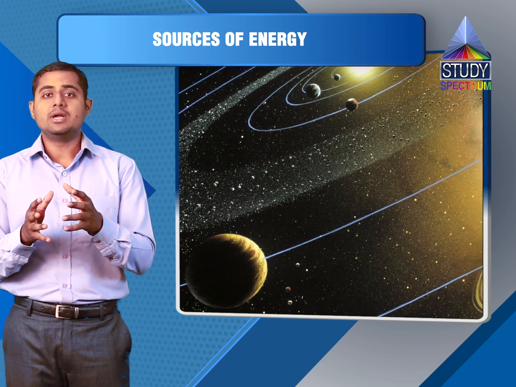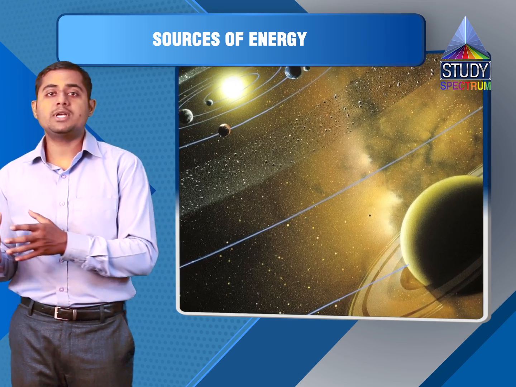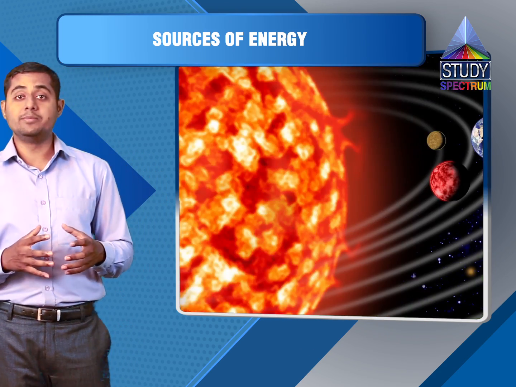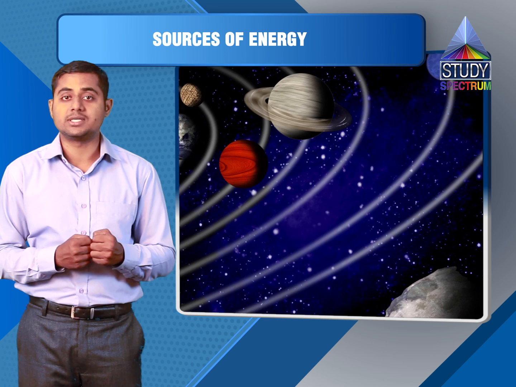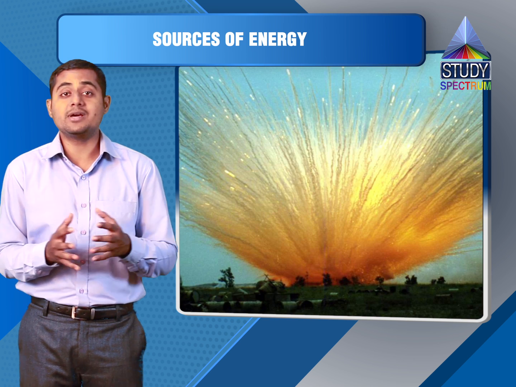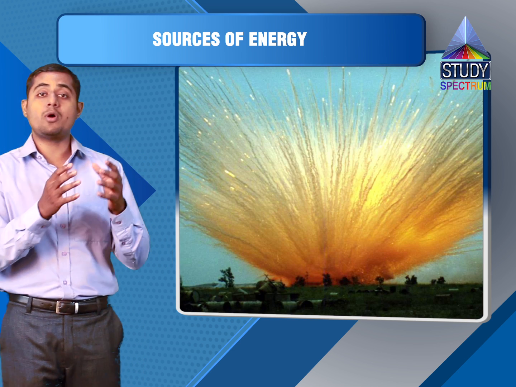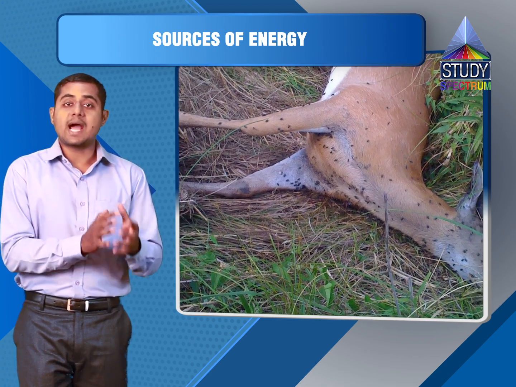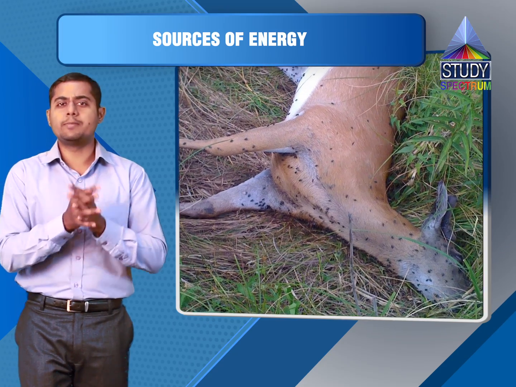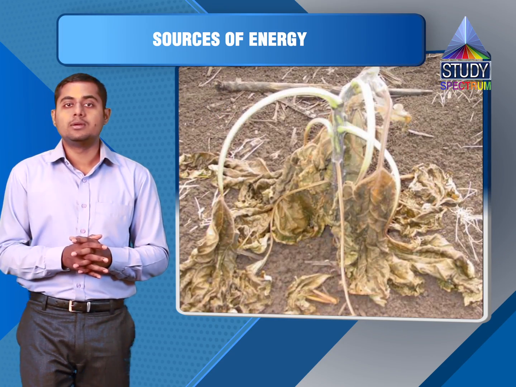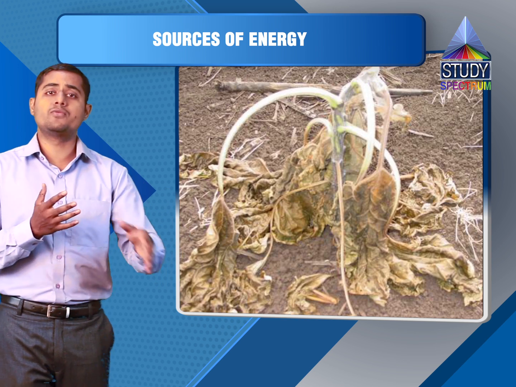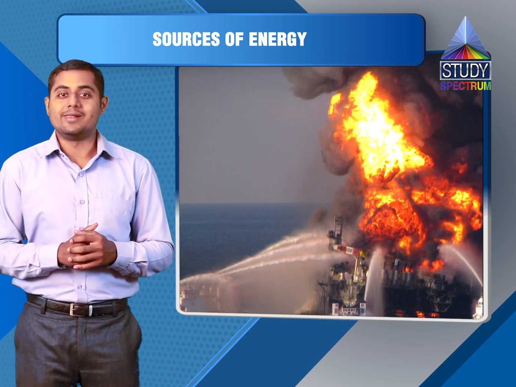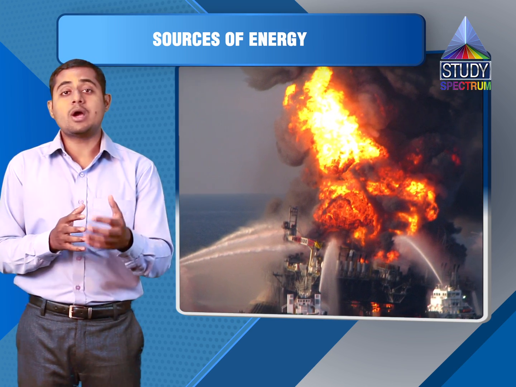The solar energy gets converted into different types of energies when it comes to the earth. Plants and animals absorb this solar energy and convert it into chemical energy. They store it in their bodies in the form of chemical energy. And once they die, some of the remnants of these plants and animals, after a process of millions of years, convert this chemical energy into the fossil fuels we get nowadays.